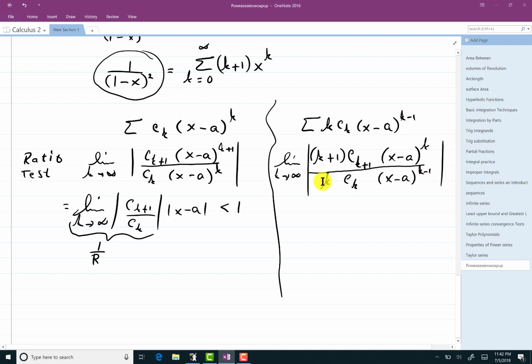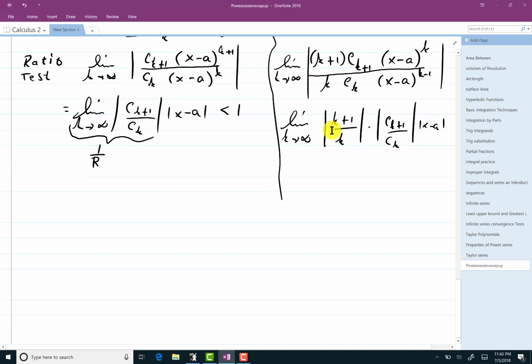Now let's do some simplifying as before. I'll cancel out the x minus a's, and I will get the limit as k goes to infinity of k plus 1 over k, and I'm going to separate that, times c sub k plus 1 over c sub k, and then the absolute value of x minus a.